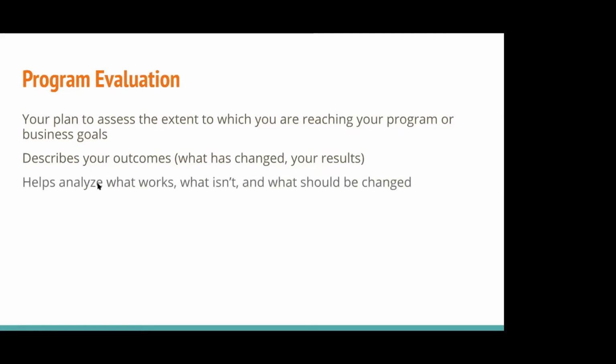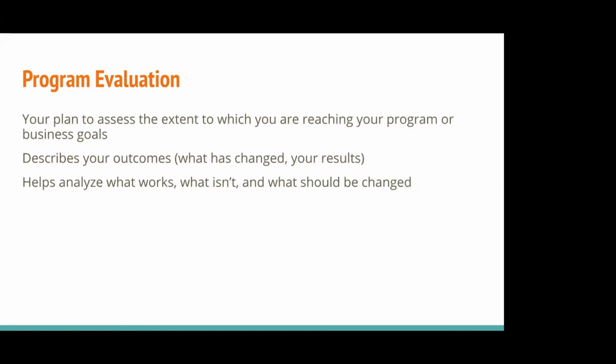In this section, it really helps if you can describe how you're going to analyze what is working in your business, what is not working, and what should be changed. And sometimes the grant writing process can be really helpful because it can show ourselves another lens or another view into what we do. It can help us actually be really good critiquers of our own work.